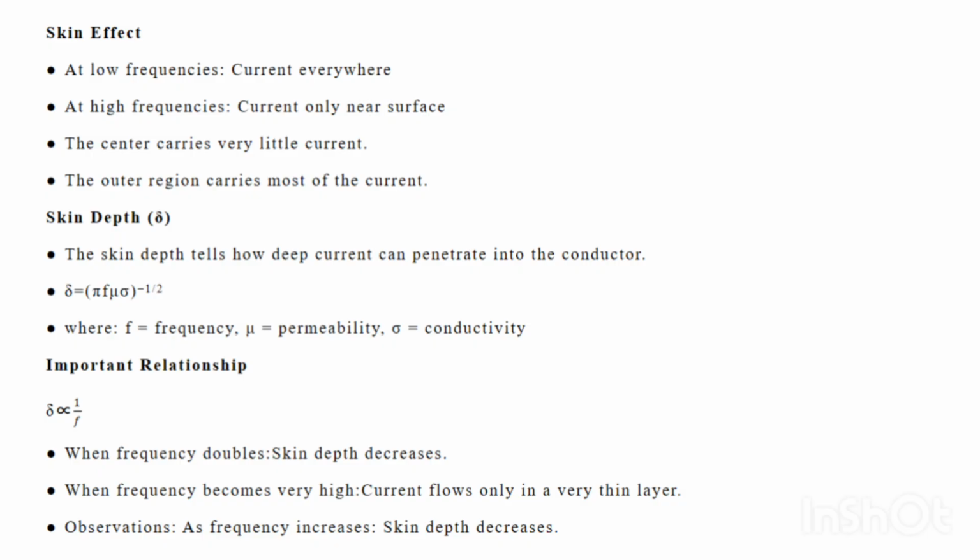The skin depth, which tells us the depth to which the current penetrates the conductor, is denoted as delta, which is equal to 1 over root of pi into f into mu into sigma, where mu is the permeability of the conductor, sigma is the conductivity of the conductor, and f is the frequency.